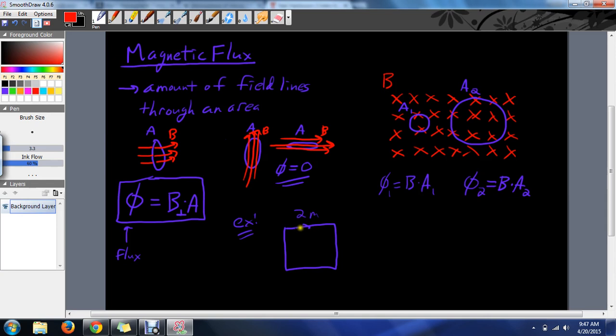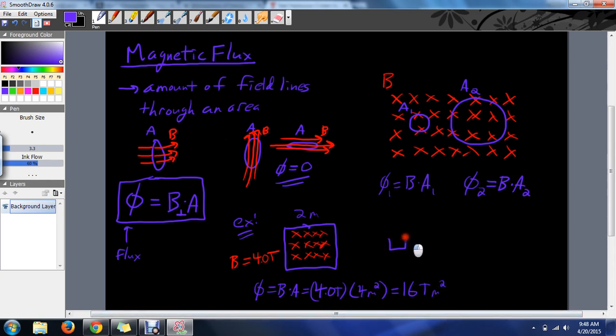What I do need to know is how big this square is, and of course how strong the field is. Let's say we have a uniform field going into the square, which has a field strength of 4 Tesla. Then of course the flux will simply be the field times the area, which will be 4 Tesla times, careful, the area of a square is 4 square meters if the side is 2, so that is 16 Tesla meters squared. There's no special unit for flux, it's just field times area.